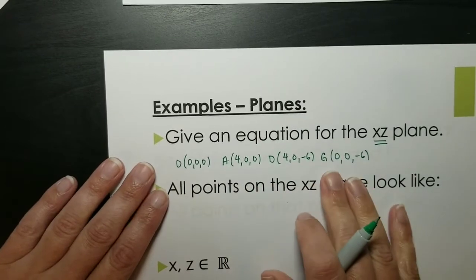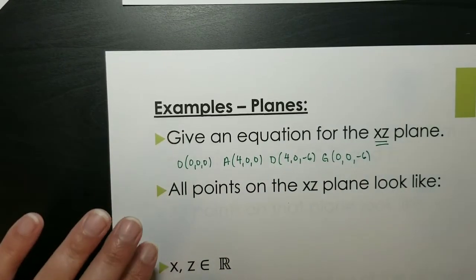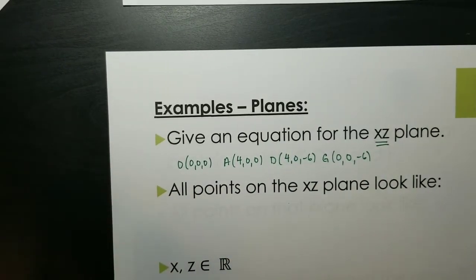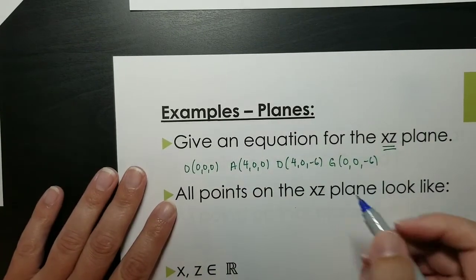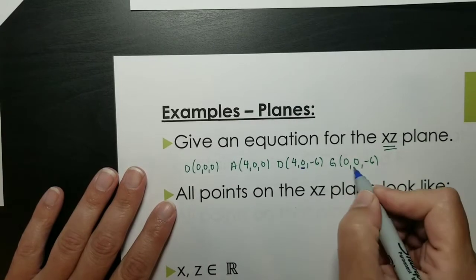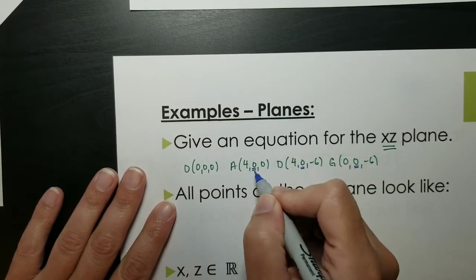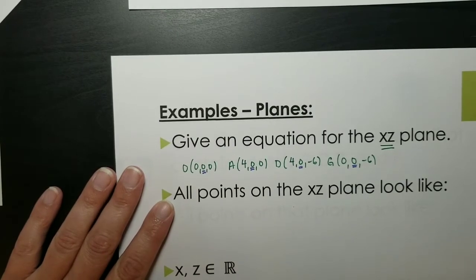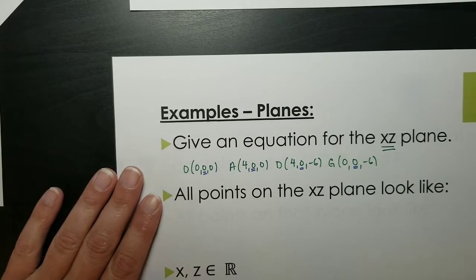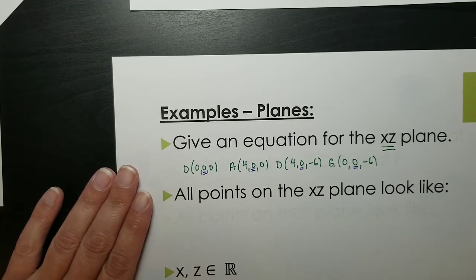And all of these points, and actually all points on the XZ plane, are going to have something in common. Hopefully you can spot it. These are not maybe the best examples, but if we look at this middle value, they all have a Y value of 0.